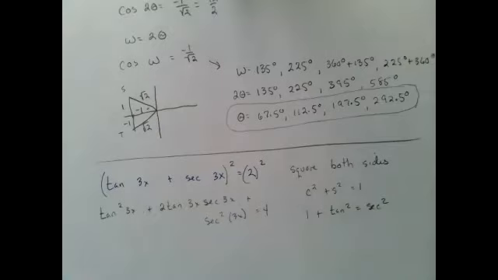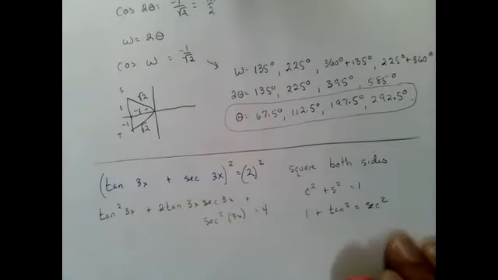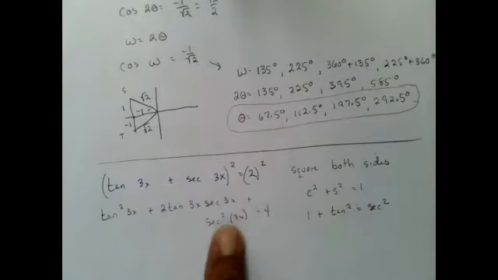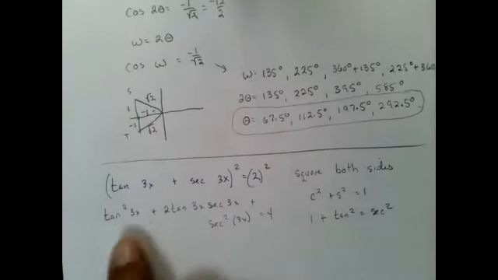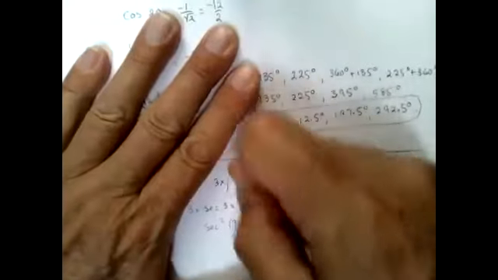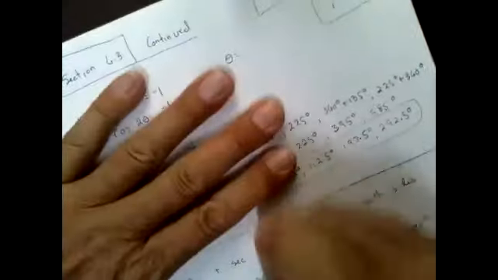Any ideas? I still feel something squaring is going to help me out. Again, I could replace this with 1 plus tangent squared and deal with that. And then, go ahead. Would you take the square root of each side?